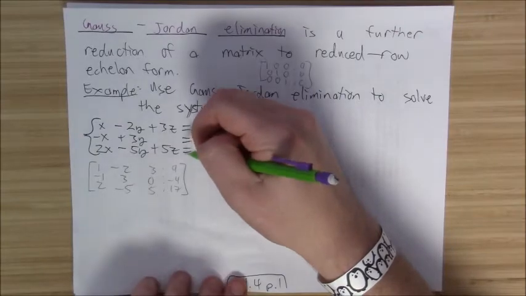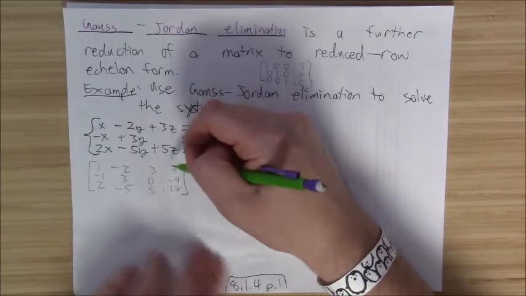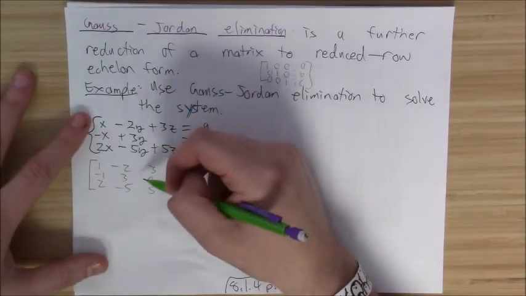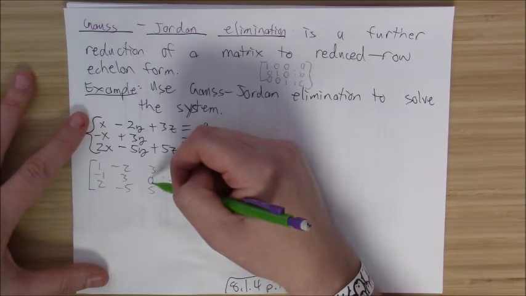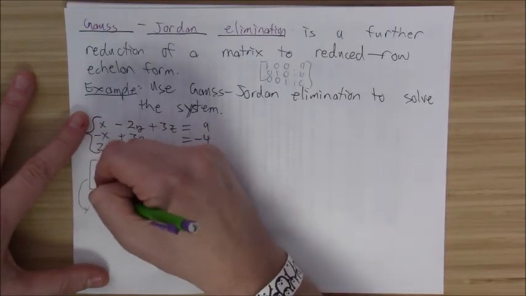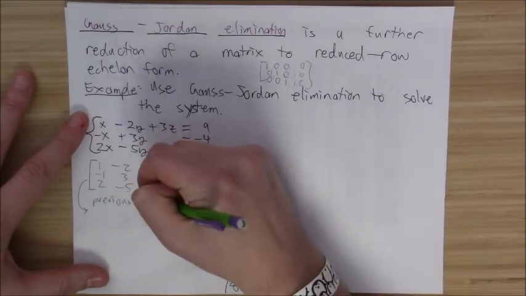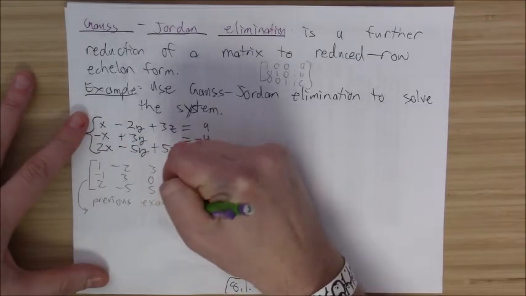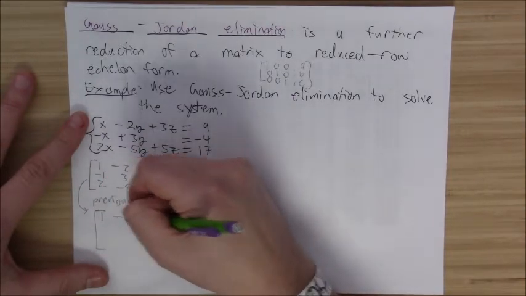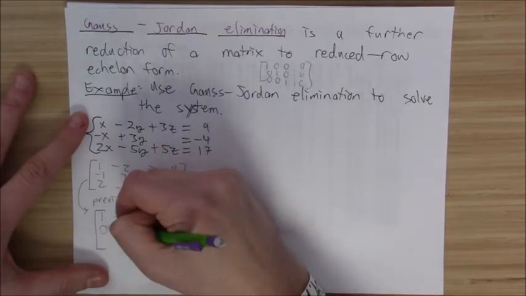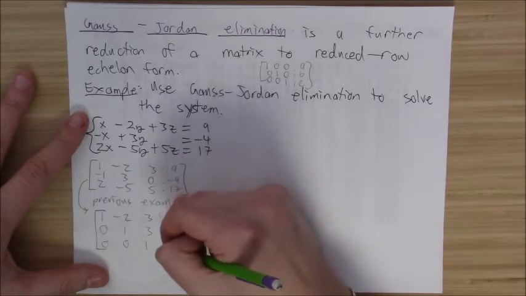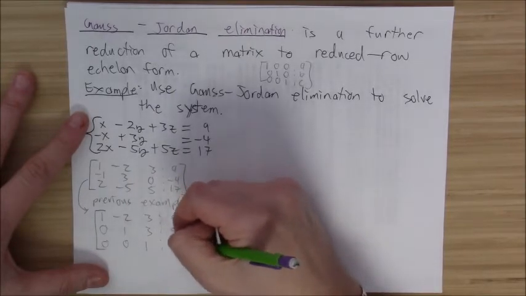If you go back and look at prior videos, this is a previous example we already worked, and we were able to get it down to 1, negative 2, 3, 0, 1, 3, 0, 0, 1, and then 9, 5, 2.